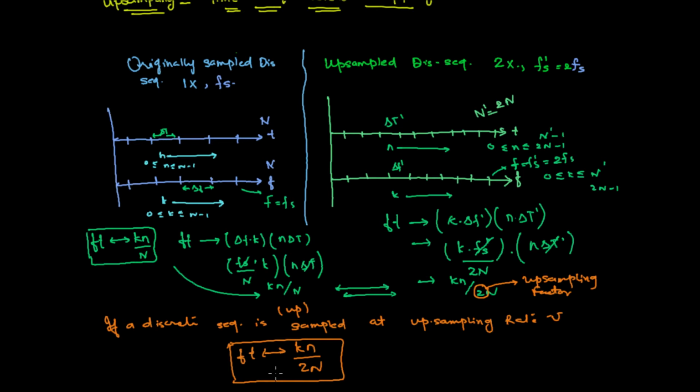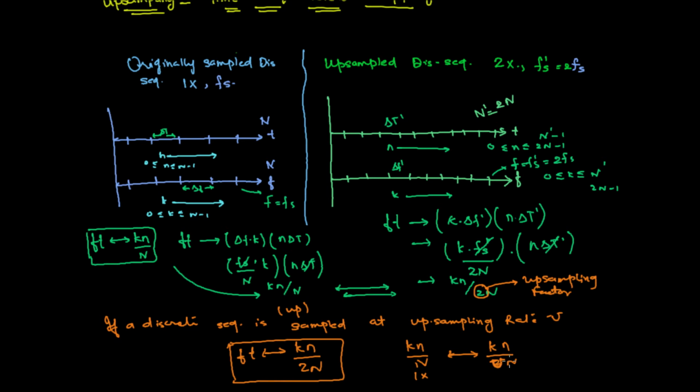But it would also be more realistic, or more intuitive, to write it differently, because you can represent the analog domain quantities with any notation. So this 2 times n could be equivalent to some other n, or n dash, but this 2 times n is supposed to be related to the originally sampled frequency. What I'm trying to say is that kn by n at 1x is related to kn by 2 times n, or u times n.